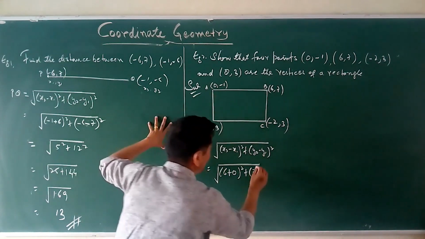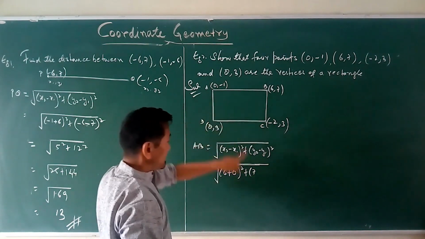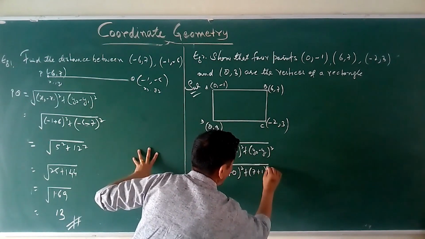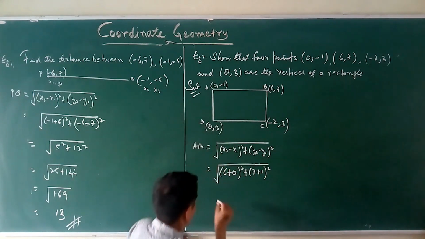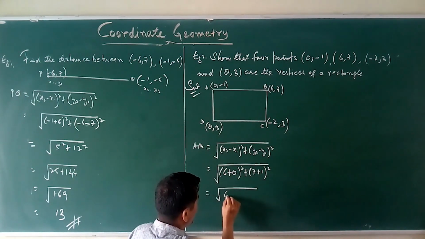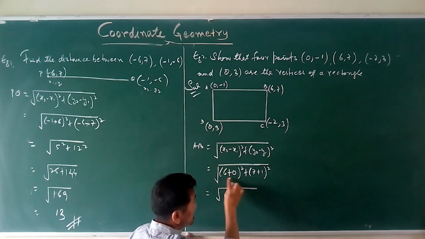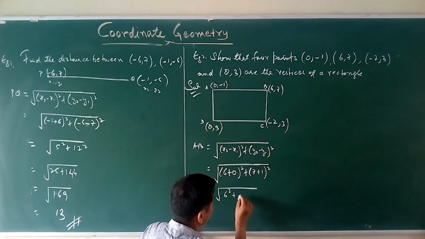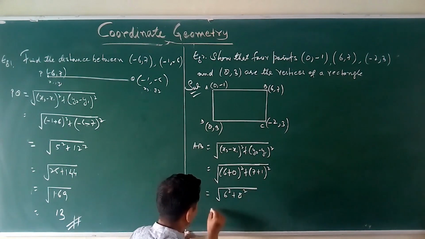7 minus 1 is 6, so plus 6 whole square. Here it is 6 square and here 8 square.